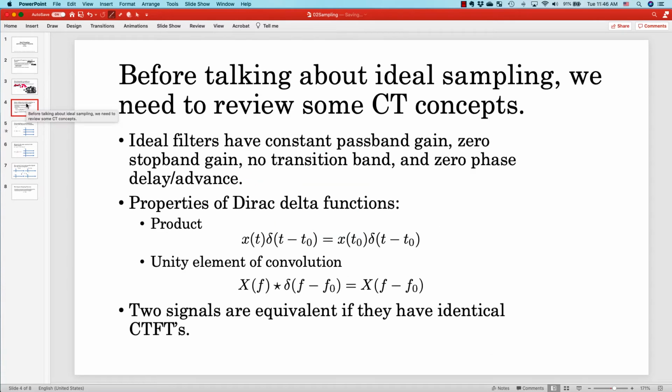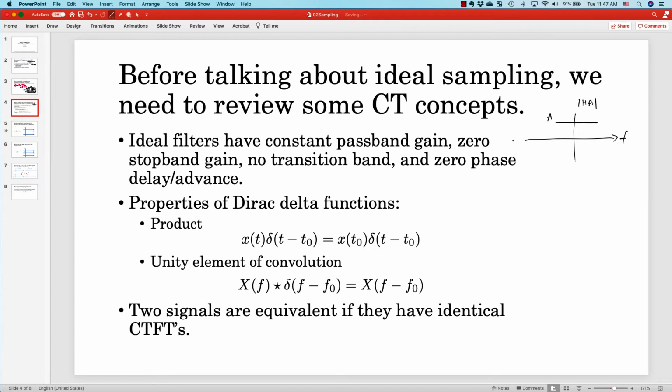We've got a couple other concepts to review before we go into sampling, and that is this idea of an ideal filter. So remember, filters are characterized both by their magnitude and phase effects on inputs. And so if we talk about magnitude properties of ideal filters, they're going to have, in the frequency domain, a constant passband gain, so call it gain of A. And we're looking at the magnitude of H of f here.